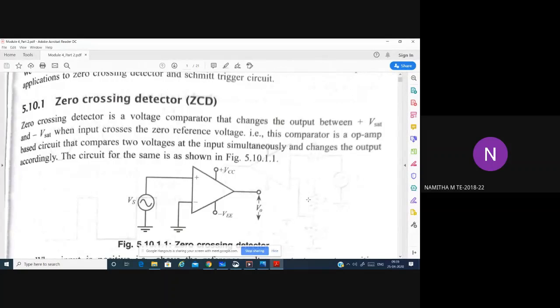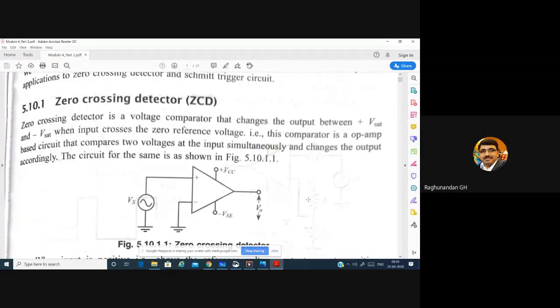Yes, sir. Tell me, what is the saturable property of an op amp? In the beginning of this module, we have studied. Sir, even if the input increases, the output remains constant. To what level does it remain constant? Plus VCC.